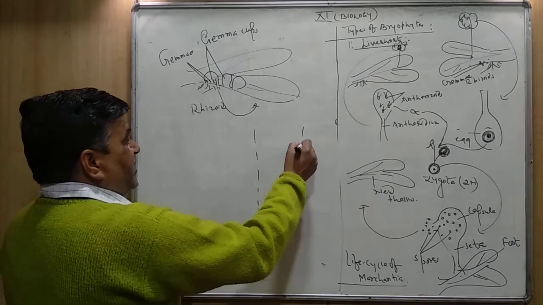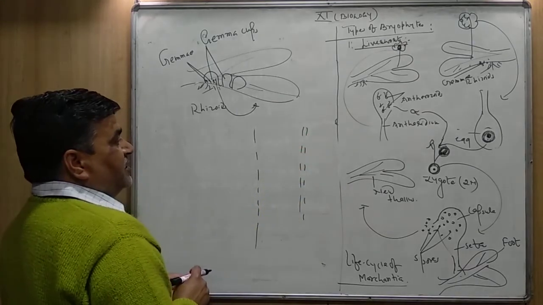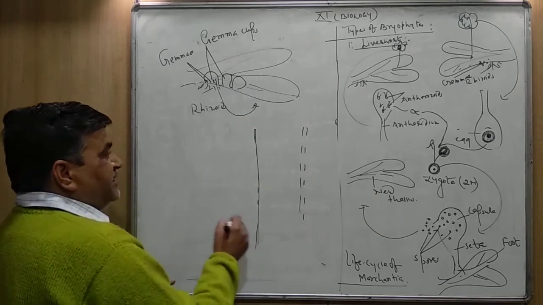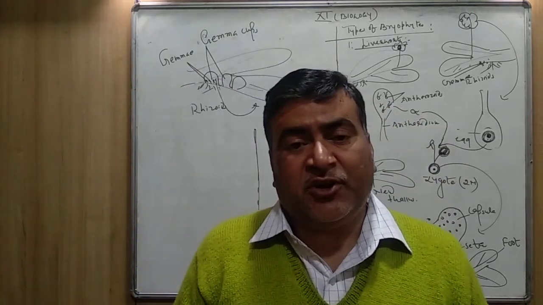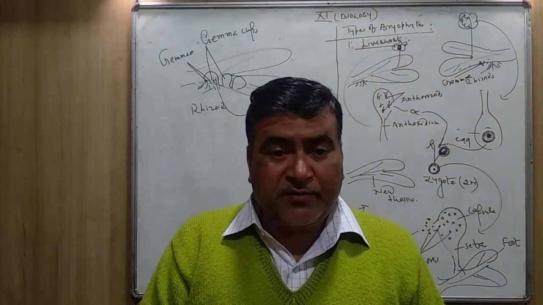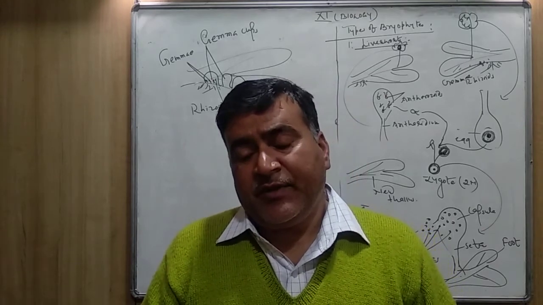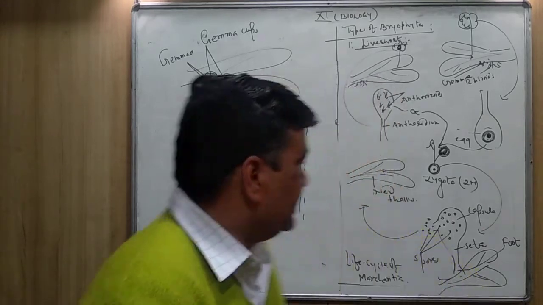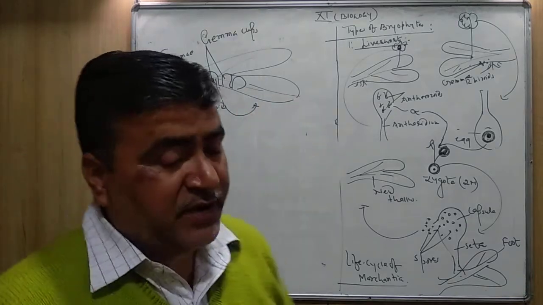But in our body, the chromosomes are present in pairs. So a single set is called haploid. Two sets of chromosomes is called diploid. Haploid set, gametophytic plant. Diploid set, sporophytic plant. But as far as bryophyte is concerned, the main plant body is what? Gametophyte.